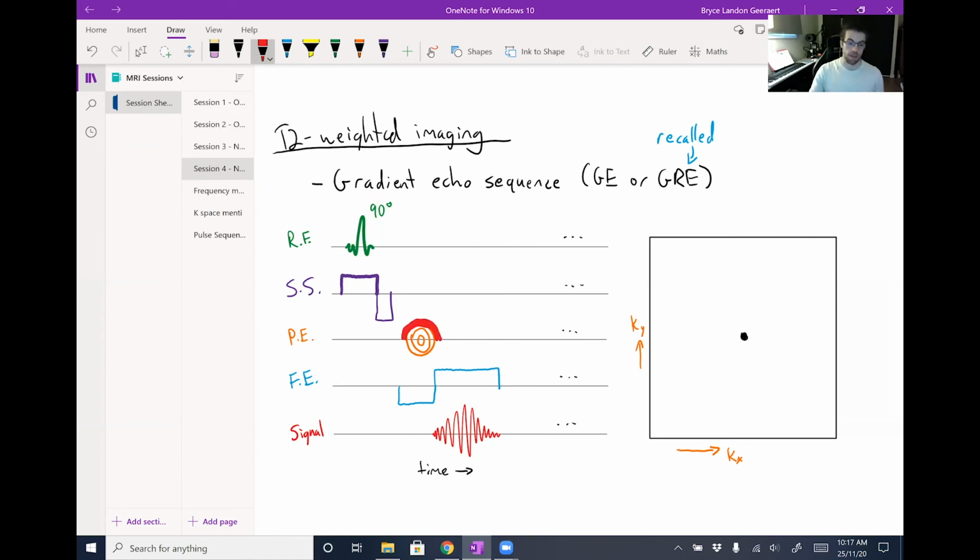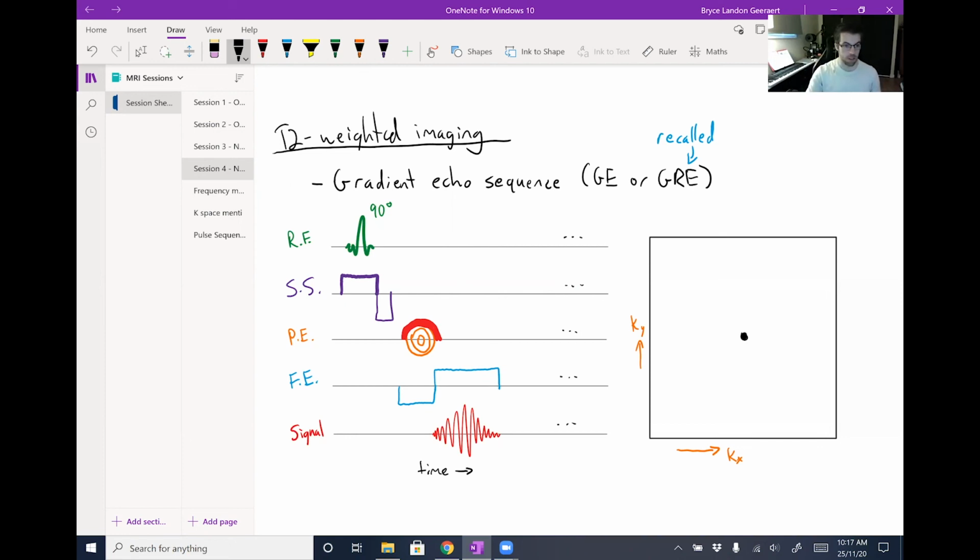So that ball that I've drawn is being replaced by one positive phase encoding gradient. So in this iteration, or in this step of our acquisition process, we are moving up in the y direction. That's what our phase encoding gradient does to our point in k-space. And then the frequency encoding gradient, we're going to be moving to the left in the negative kx direction.